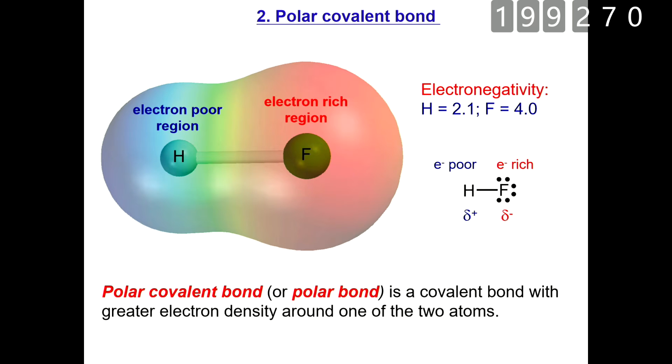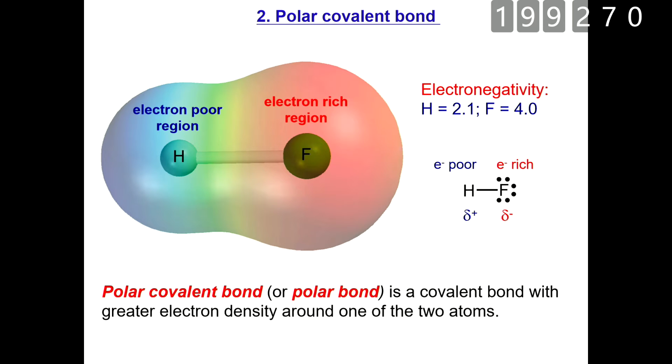For example, between these 2 atoms, there are 2 electrons, but these 2 electrons tend to be closer to the fluorine. So this looks like the fluorine has some negative charge, and the hydrogen has some positive charge. So they form this kind of polar covalent bond.